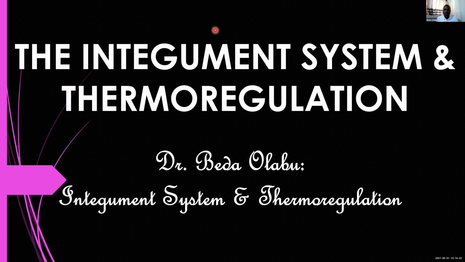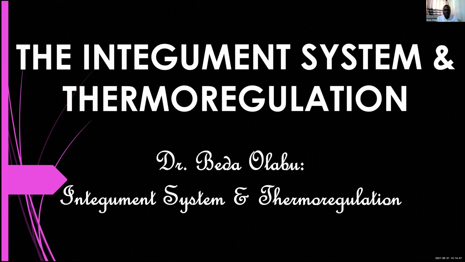So this afternoon, we are going to look at the integument system, and we're also going to look at mechanisms of thermoregulation. I prefer giving this lecture in 3 parts.